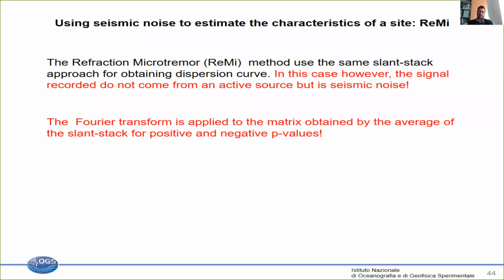In reality, it does nothing else but what you do with an active source. But there is a problem: you are still using high frequency geophones. So you don't have the big advantage we generally expect from noise arrays, which is that noise has more low frequency components than the active source, and therefore we can generally go deeper.